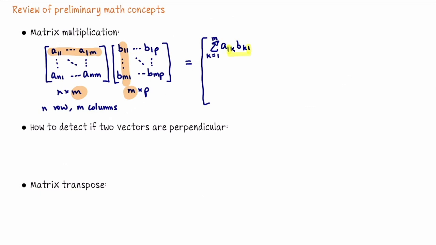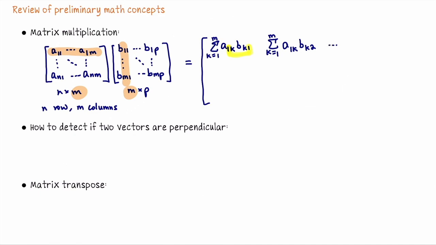You match these two together, it's the first row, first column. If I wanted to write the first row, second column entry, it would be a very similar sum. I would sum from k equals 1 through m, A first row k, B k second column. That would be the first row of A times the second column of B, the same algorithm we just did. We've just shifted over one column in the B matrix.